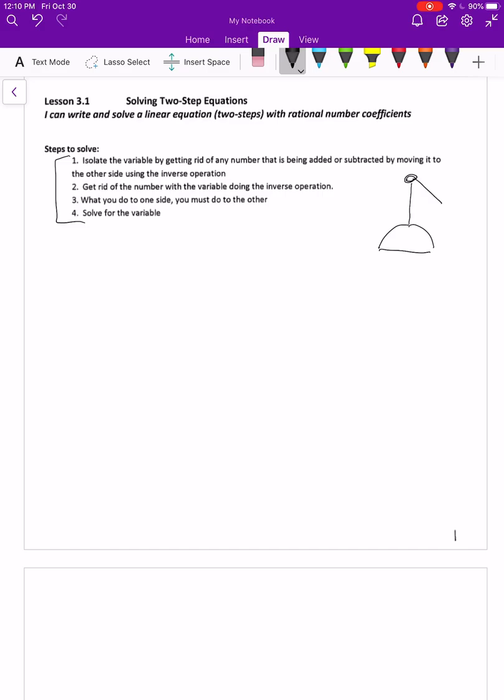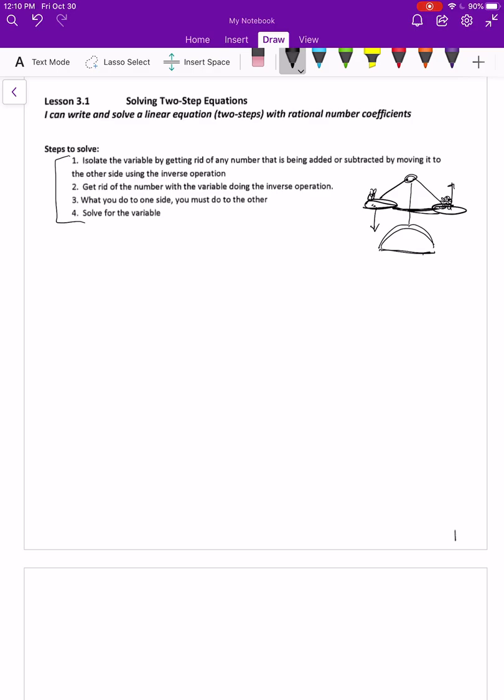I'm not very artistic, so I know that's not a very good representation, but you would put something on one side, like some coins or some teddy bears, and you would put the same thing on the other side to keep these two in balance. Once you put something on one side, it goes down, and the other goes up, and then you put the same thing on the other side, and it gets balanced back out.